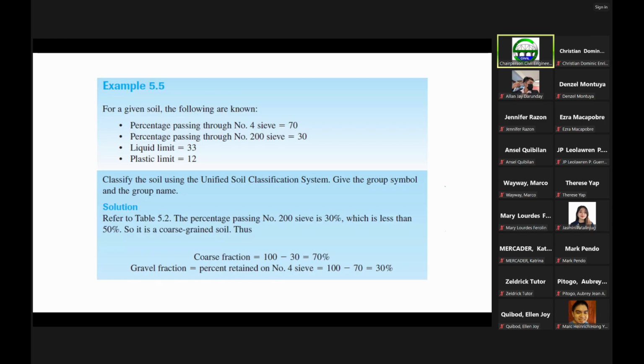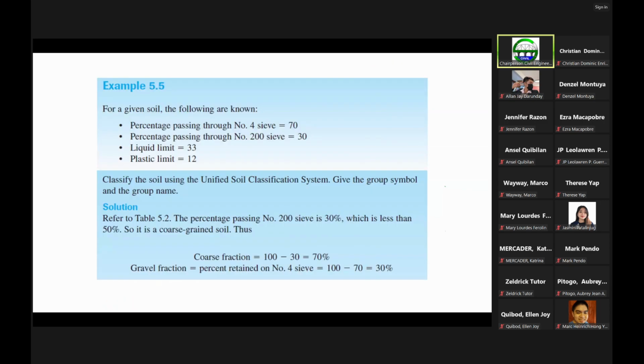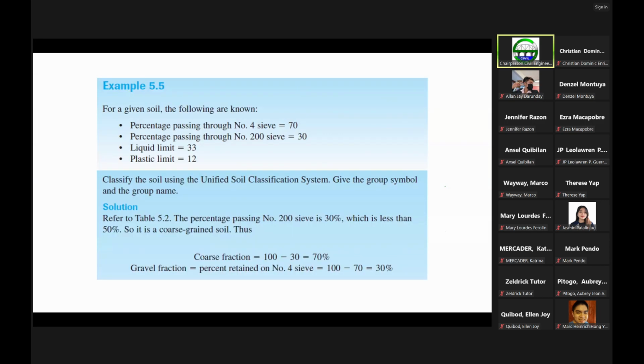Okay. So let's have another example. For a given soil, we have here the data.